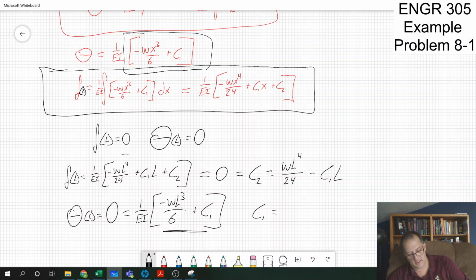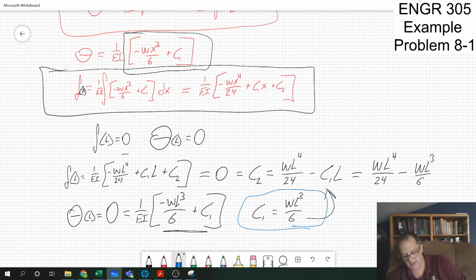So C1 is equal to WL cubed over 6. Now you can see I could plug that right in up there: C2 equals WL to the 4th over 24 minus WL cubed over 6, that's C1, times L. This is dropping in right there.